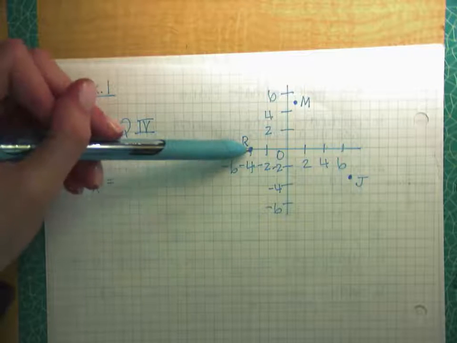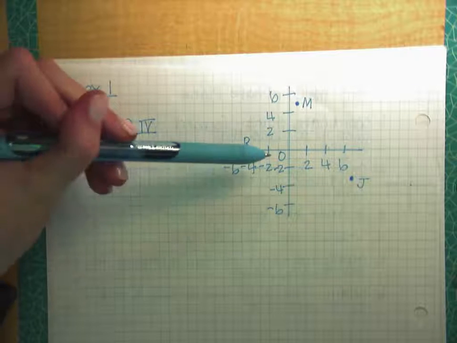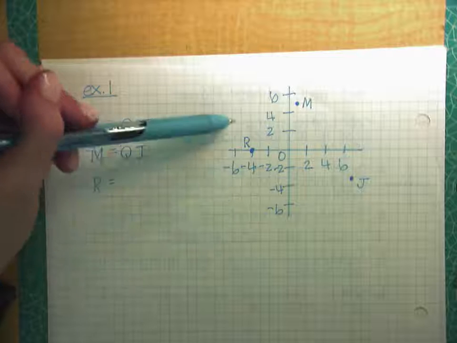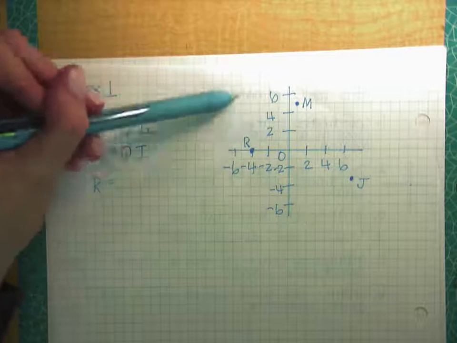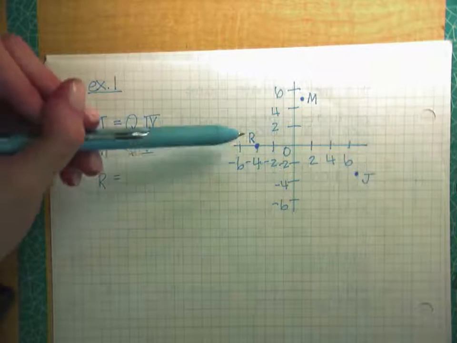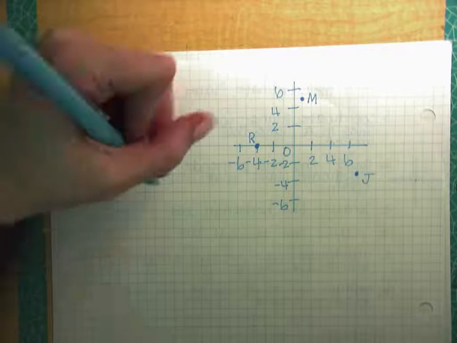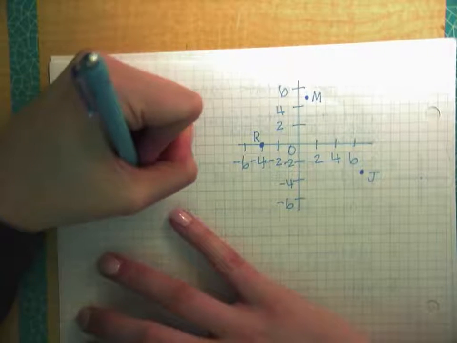Point R is located right here, and it's on the x-axis, and it's in between the second and third quadrants. But because it's not out in these quadrants like these 2 points are, then point R actually does not belong to any of the 4 quadrants. We would just say it is on the x-axis.